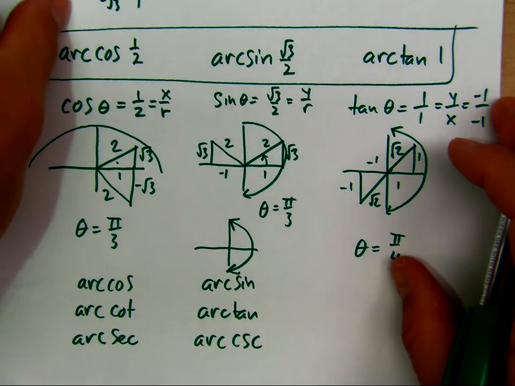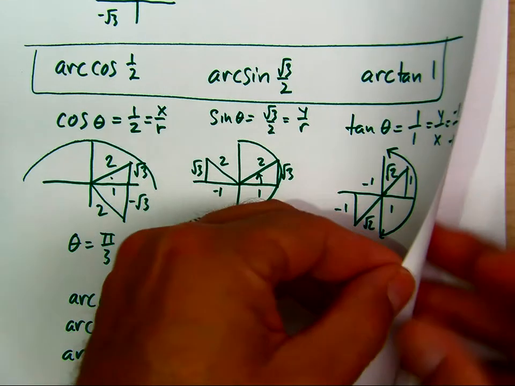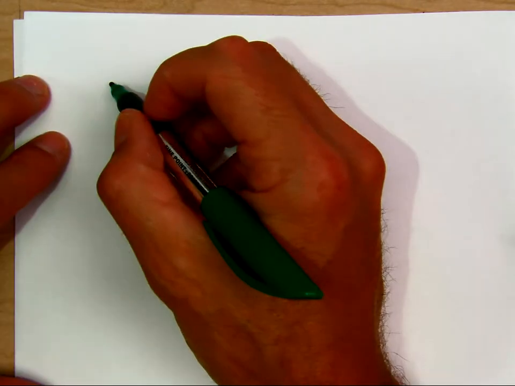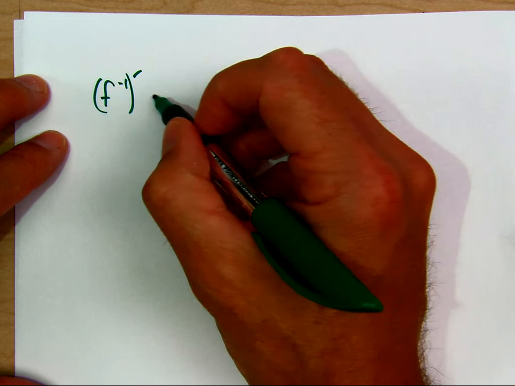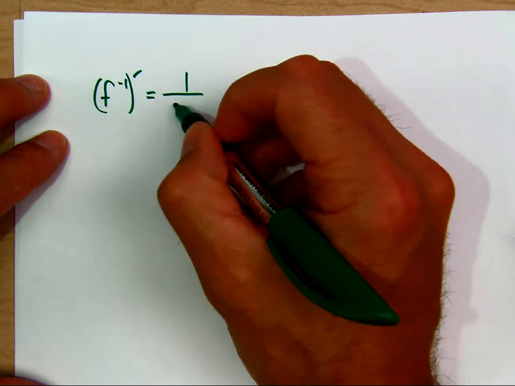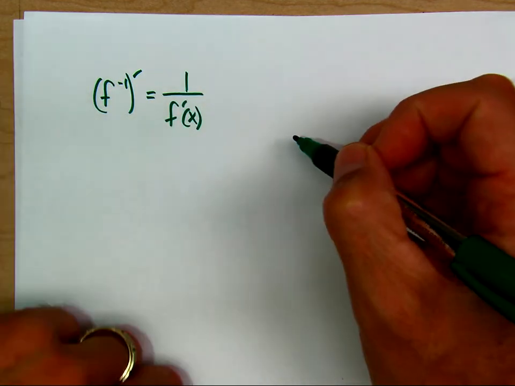Okay, let's get to the calculus. We know that the derivative of an inverse function is 1 over the derivative of the original function.